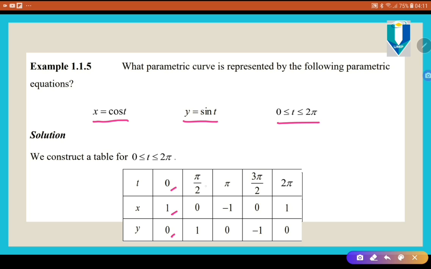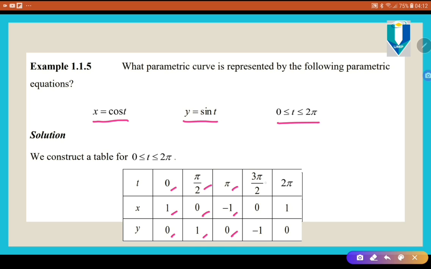When t equivalent to pi over 2, cos pi over 2 is 0, but sin pi over 2 is 1. When t equivalent to pi, cos pi is negative 1, but sin pi is 0.